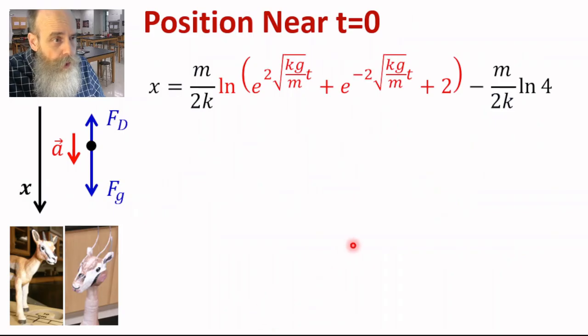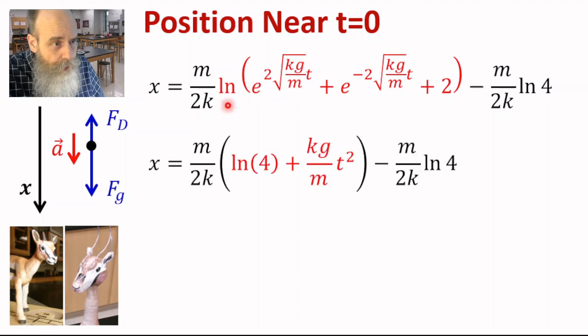Now, here's our expression for x. So this ln function in red is what we just expanded with our Taylor expansion. So let's put in what we just found. Near t equals 0, it is this. Now, some things cancel out. This term, m over 2k ln 4, cancels out with this, m over 2k ln 4.